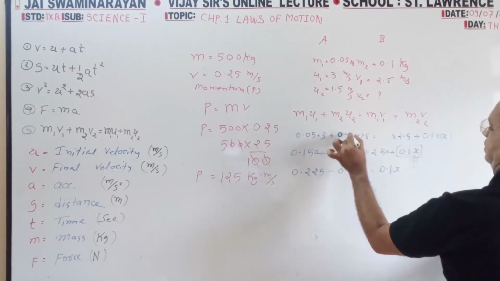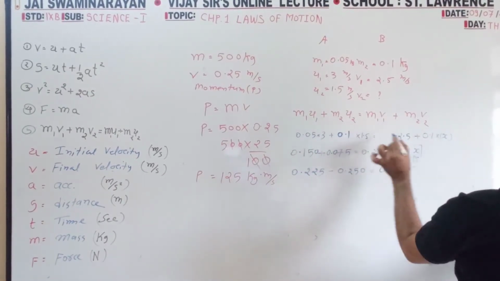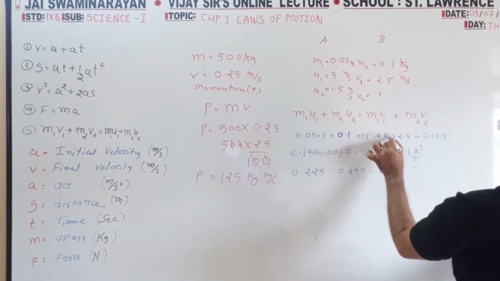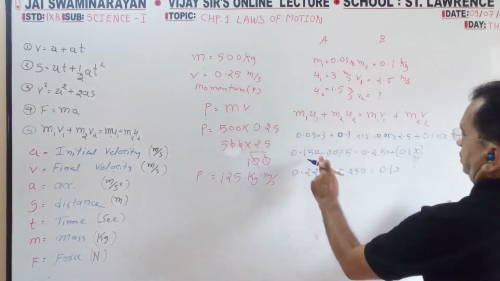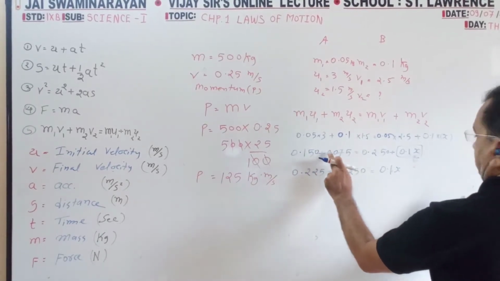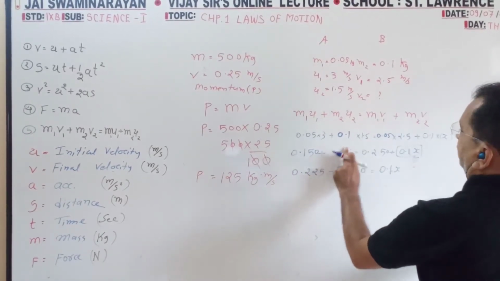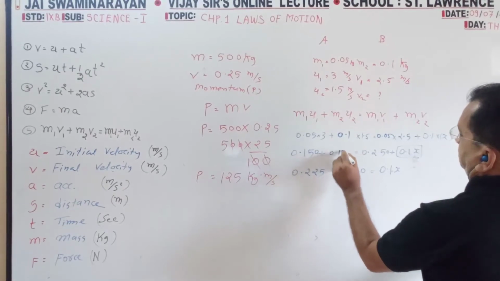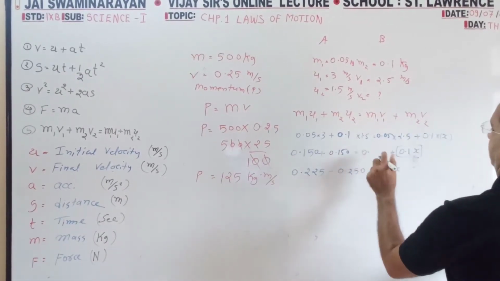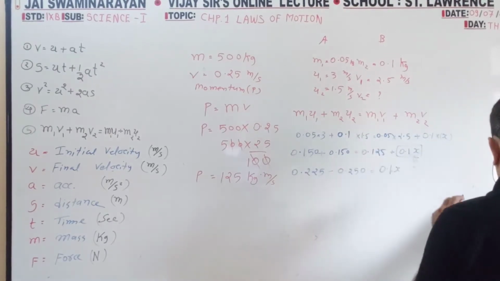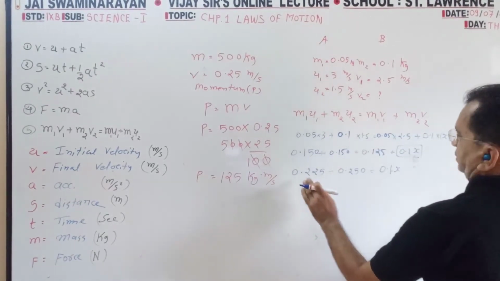M1 is 0.05 and M2 is 0.1. Okay. Now this will be 150, correct? Plus this also will be 150. Now this is 125. This is 0.1, it is correct.